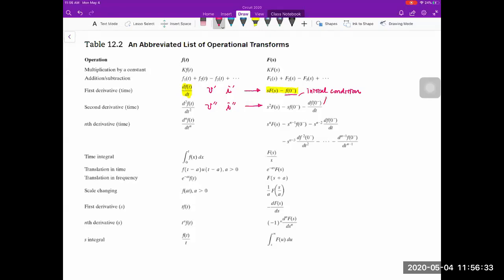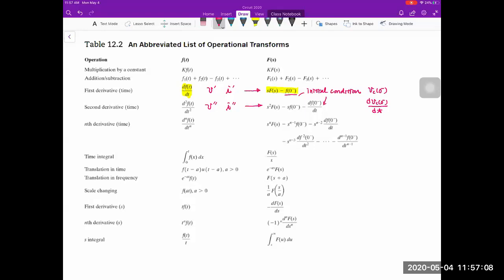This is also our initial condition, but this is the first derivative of our initial condition. This is like a V sub C, this will be like dVc/dt. So when we do a Laplace transform, you no longer need to find a complete solution, take the derivative, plug in t equal to 0, and then use this initial condition to find a coefficient.